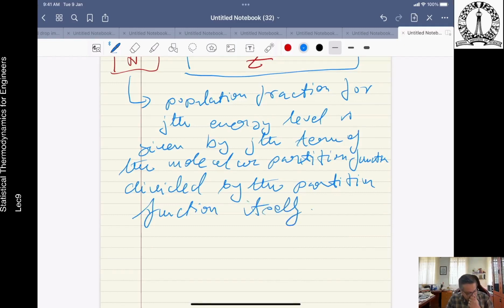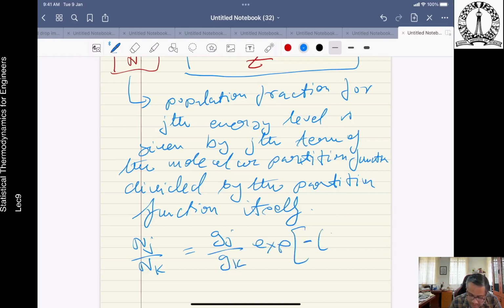Got it. So similarly, you can also write it as Nj by Nk. This is the relative population in energy levels j and k, or the ratio of the two, which is Gj by Gk exponential minus Ej minus Ek divided by Kt, right?